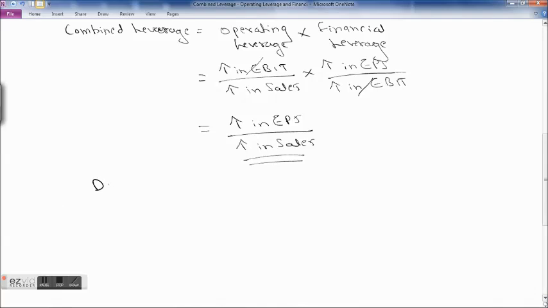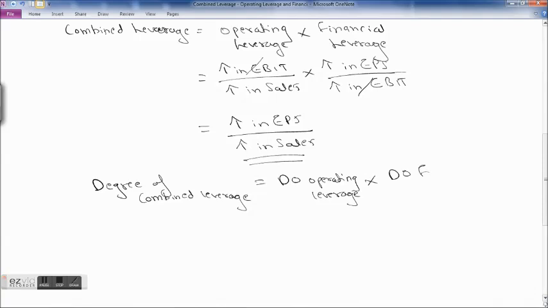Similarly, degree of combined leverage is equal to degree of your operating leverage into your degree of financial leverage. Now what is our degree of operating leverage and degree of financial leverage?